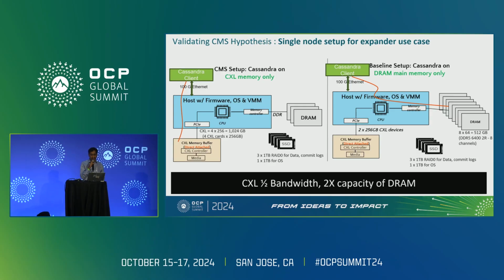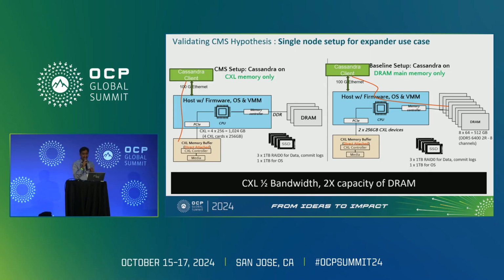When we run the Cassandra stress test targeting only DRAM, we saw some numbers, and when we run the same Cassandra client targeting the CXL memory, we have some results. We are going to talk about it. But if you see the infrastructure here, CXL has half the bandwidth of the local DRAM, and the capacity is almost double.